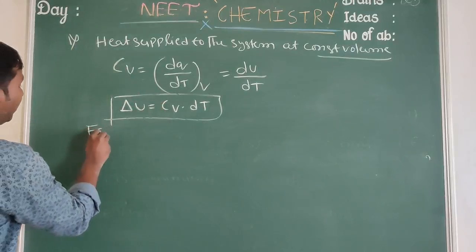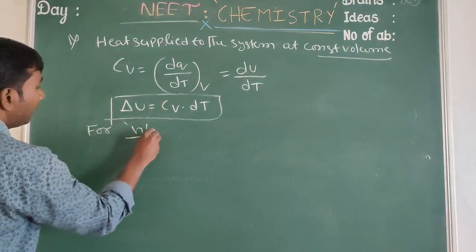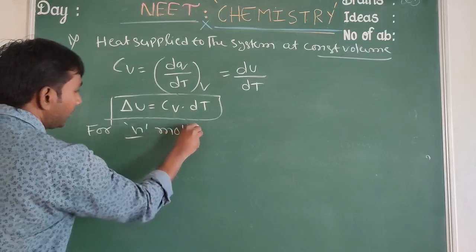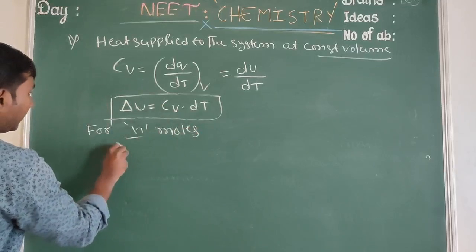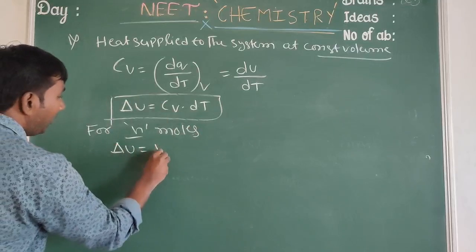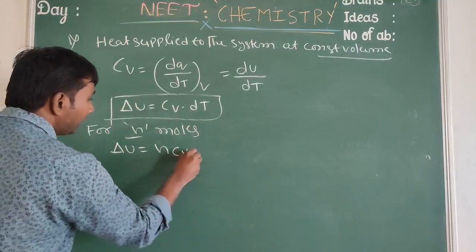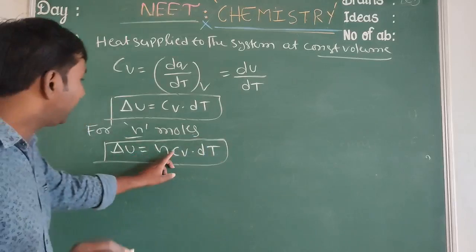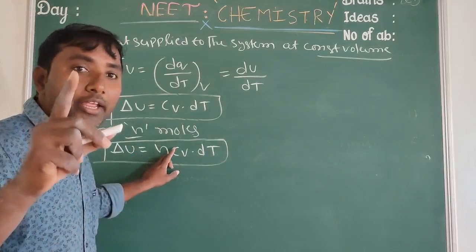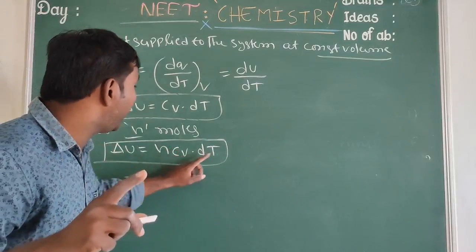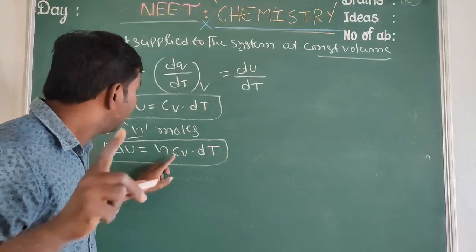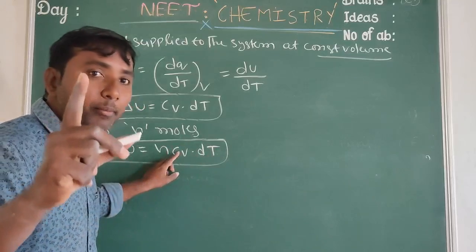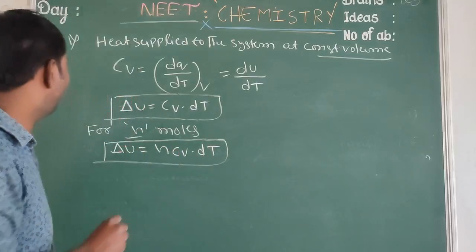For n moles, change in internal energy equals n into Cv into dT. Here Cv means molar heat capacity at constant volume.